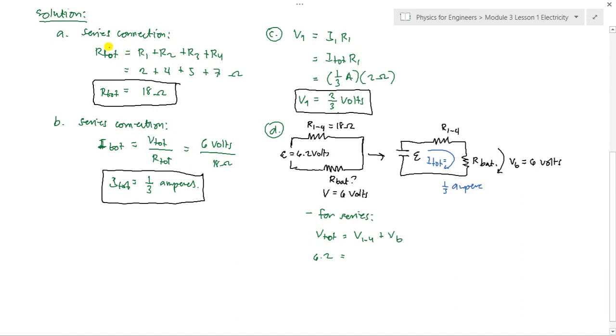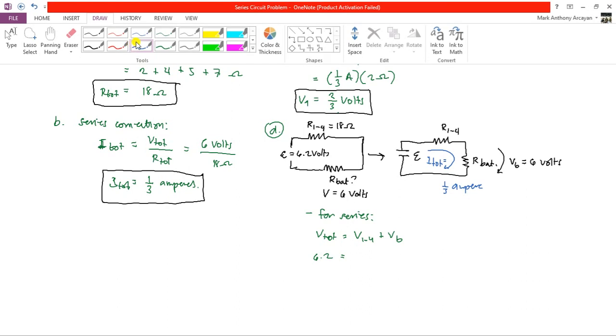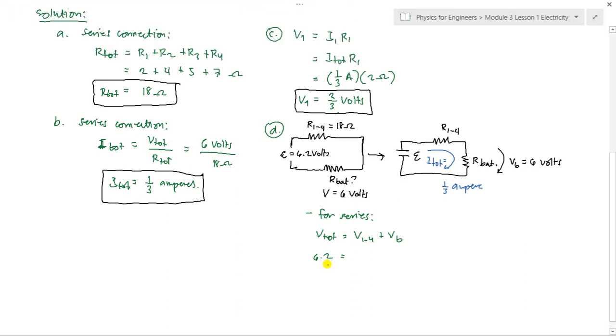And we all know that the voltage across 1 to 4 is I total multiplied by the resistance, the total resistance that we got earlier, that is the resistance from 1 to 4, plus the voltage on B, that is I total multiplied by the resistor of the battery.